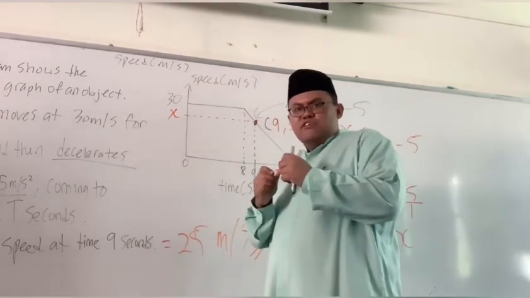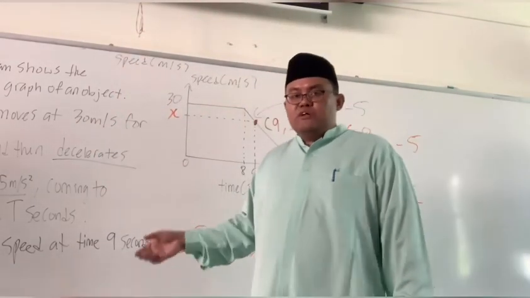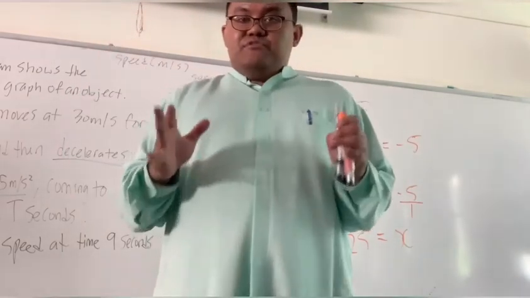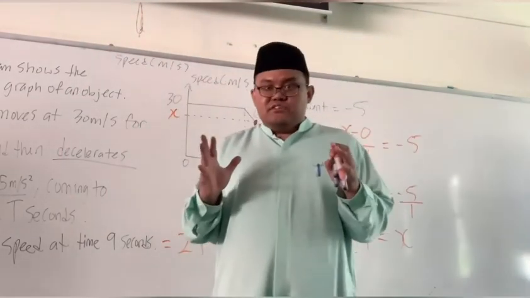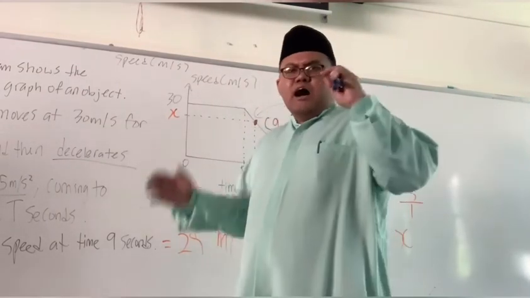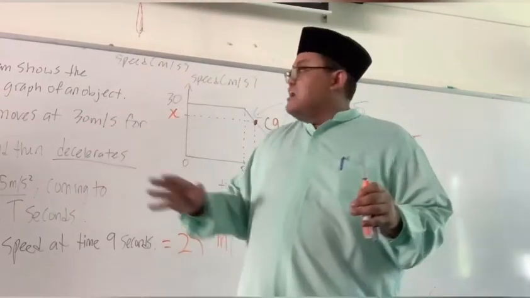Alright? So what have we learned from this question and the question before that? Sometimes we need to form an equation in order to solve for the unknown. But how do we form the equation? Use the data in the question.